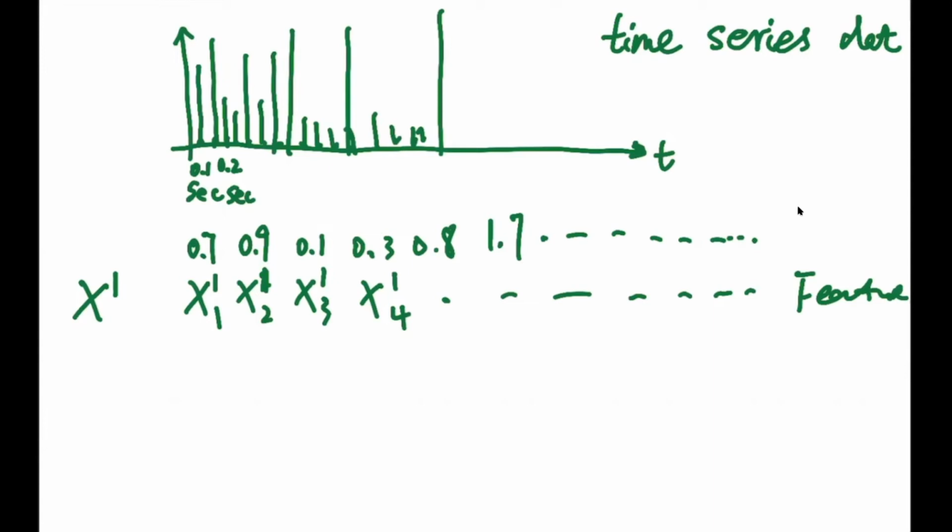For music, say you give the computer a fragment of music, a clip of music, then it will try to classify it into a different genre of music. Say it's classical, or pop, or rap.